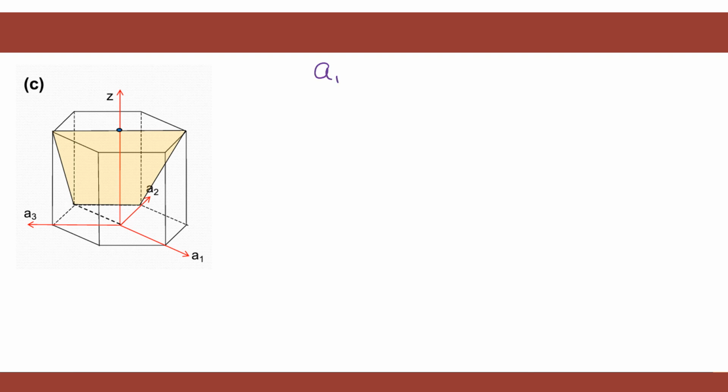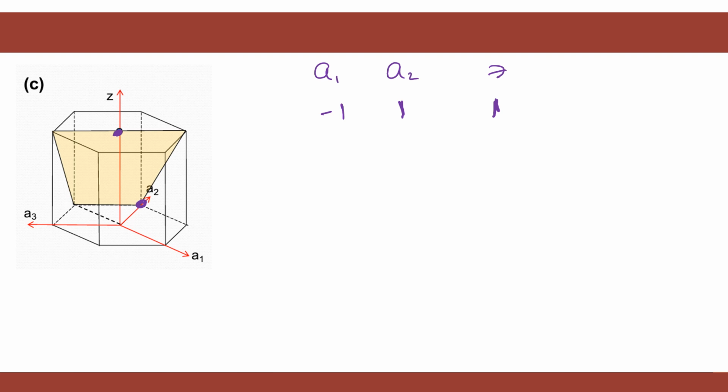A1, A2 and C. Where is it cutting A1? Minus 1. A2? Minus 1. Where is it cutting here? It is 1. C is cutting at? It's a slanted one. So you see it is cutting at 1. Isn't it?